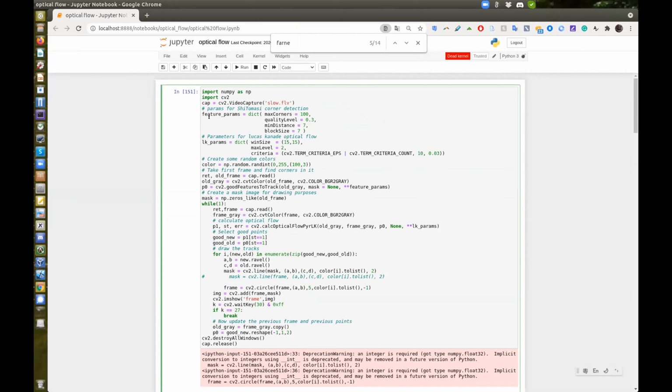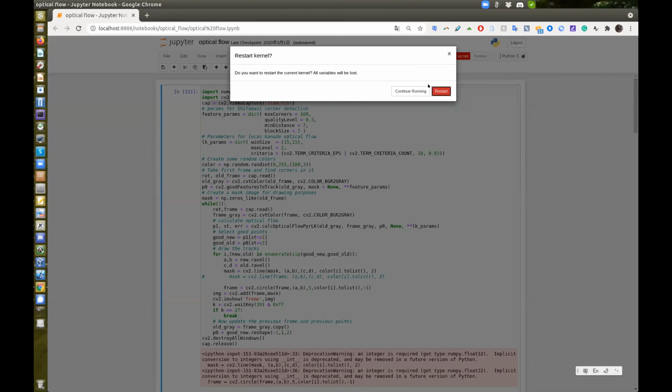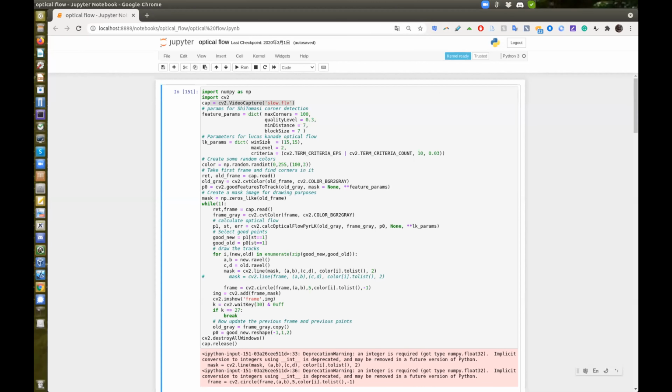There are some parameters for the corner detector, so it's trying to extract good features. Here I have loaded the videos. Let me check the kernel here. Okay, now it should be fine.